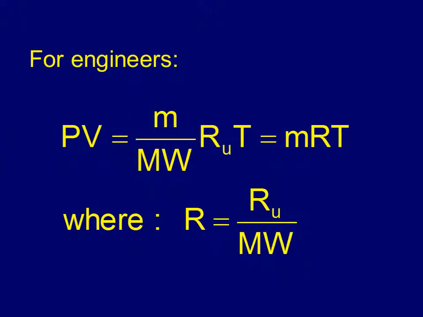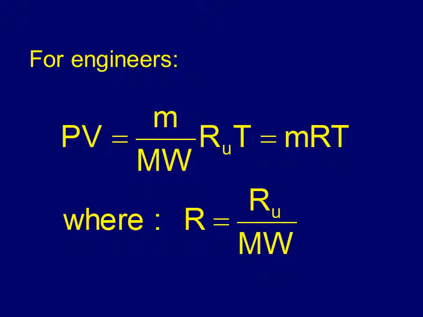Now for engineers, we take another look at the ideal gas equation, and we like to use mass instead of moles because we're constantly weighing things out and producing substances and weighing them based on the mass, not the moles.